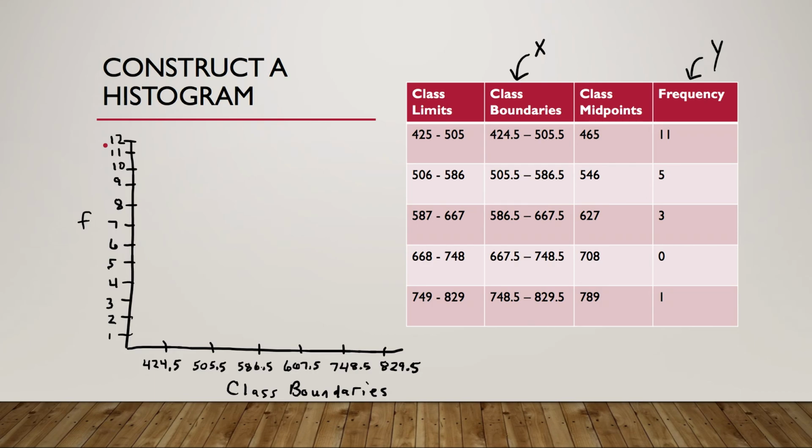All right, so again, we'll now start drawing our bars. Our first bar is going to start at 424, end at 505, and it's going to have a frequency of 11. So here's the starting point for the first bar. I'm going to extend the line up to 11. Come across and go down. Our second class has a height of 5.